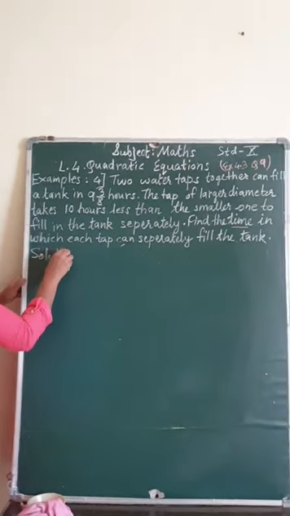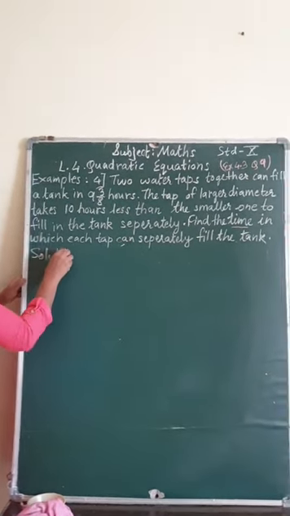And if we take here x is equal to 15 upon 4, it means it will take 3 hours and 3/4. So is this information mismatching with this? It's not correct somewhere. It means the smaller tap should take more than these hours to fill the tank separately.